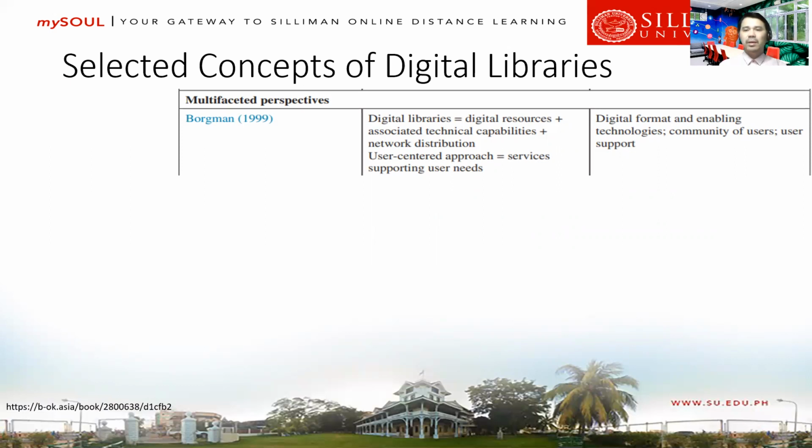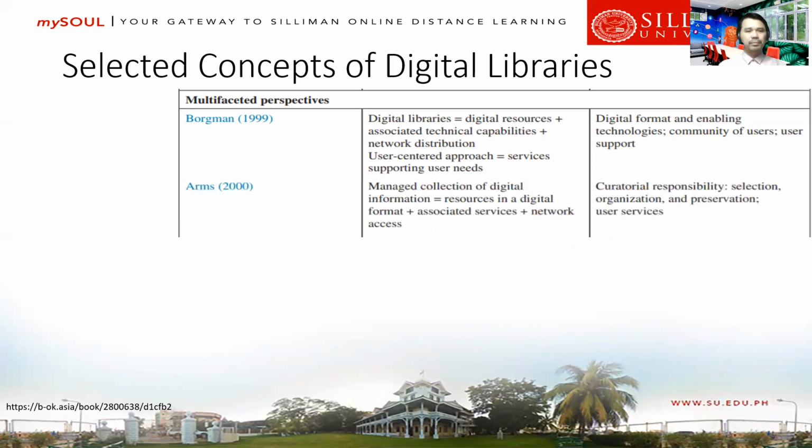The emphasis here is digital format and enabling technologies, or a so-called community of users where each member of the community supports the others. That means they provide and contribute information to the digital library.